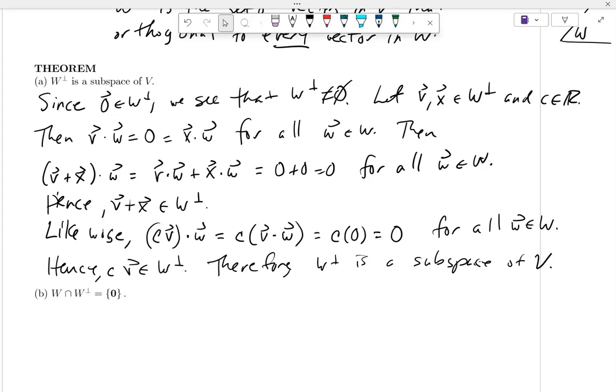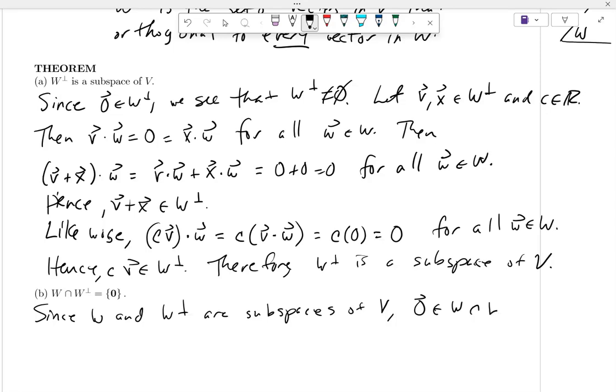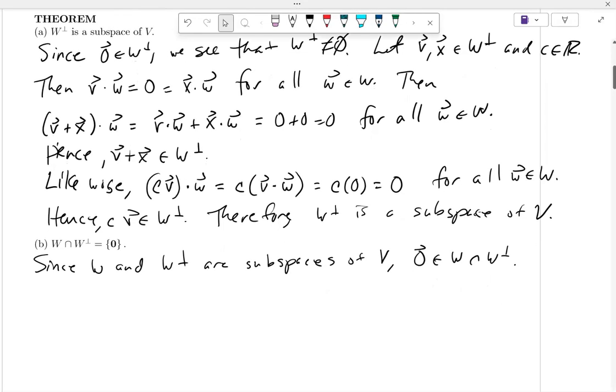We have to have the 0 vector in both of them, because W and W perp are both subspaces of V. So 0 must be in the intersection. That's certainly true. But to go the other way, we'll start with something in both at the same time.